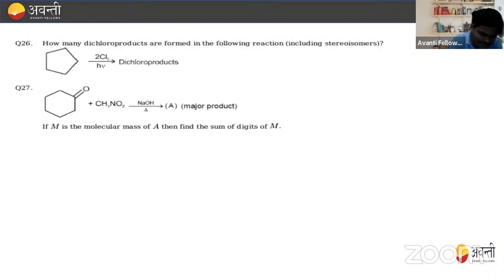Okay. The next question is, how many dichloro products are obtained in the following reaction, including stereoisomers? So you have to calculate the number of dichloro products that are formed in the following reaction, including stereoisomers.